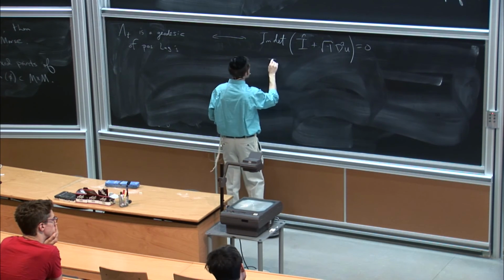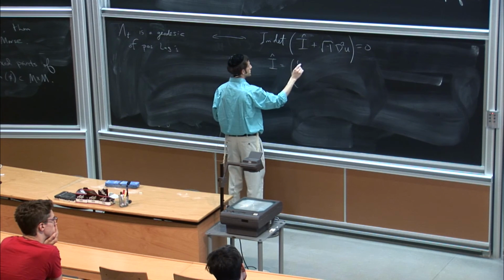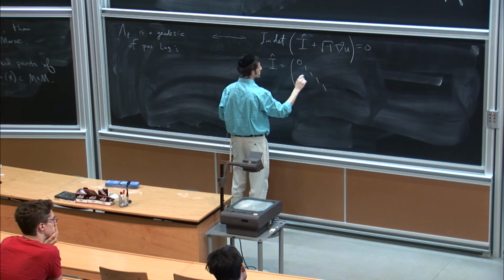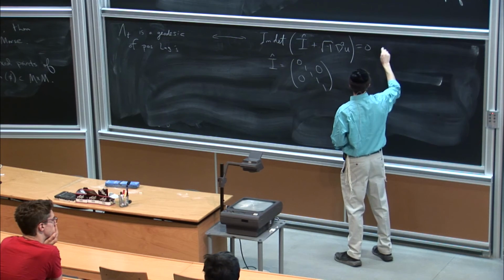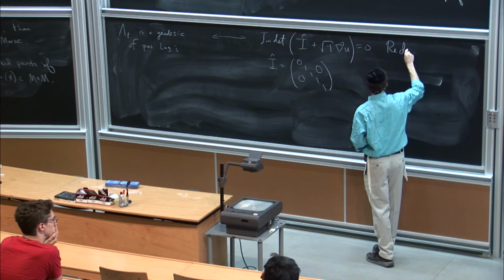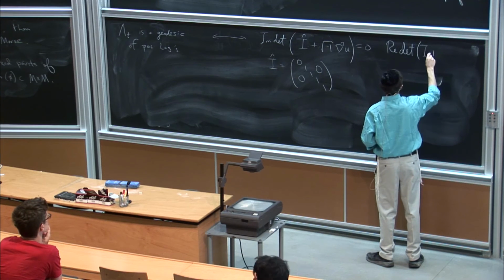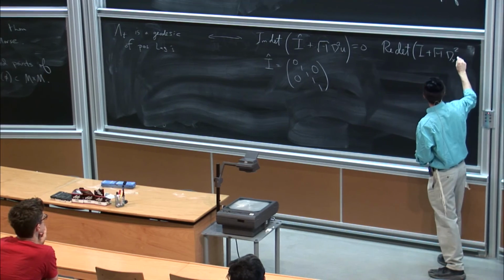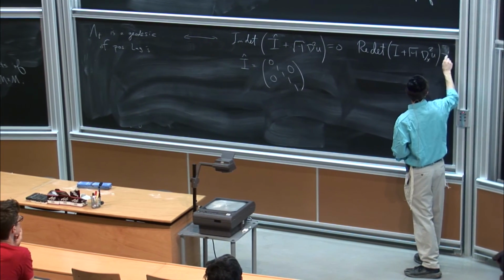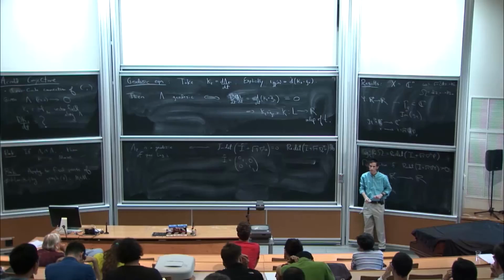So here I hat is like this. And the real part of the determinant of I, the x Hessian of U, is greater than 0.